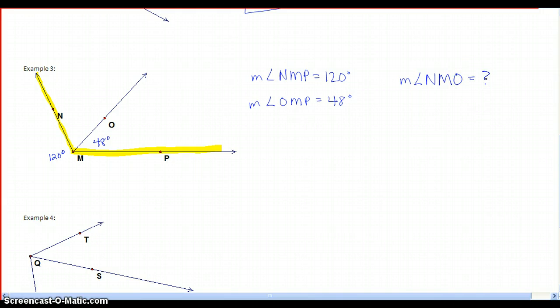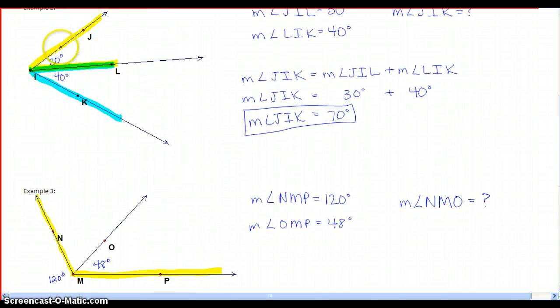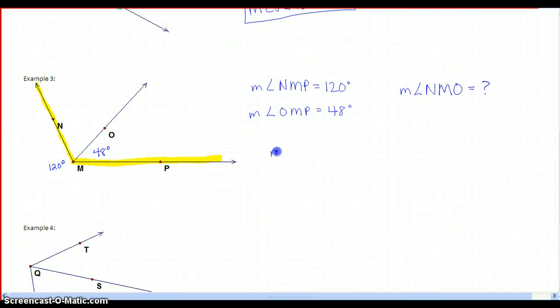So again, doing our method from before, you're always going to take the largest angle, or the whole angle. Looking back up here, the whole angle was JIK. We're going to take the whole angle, which is the measure of angle NMP. We're going to add together the measure of angle NMO plus the measure of angle OMP.